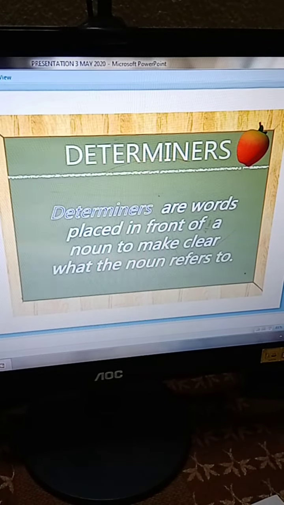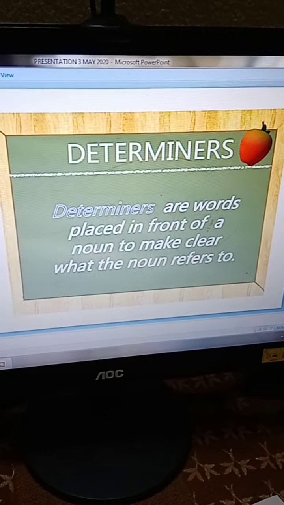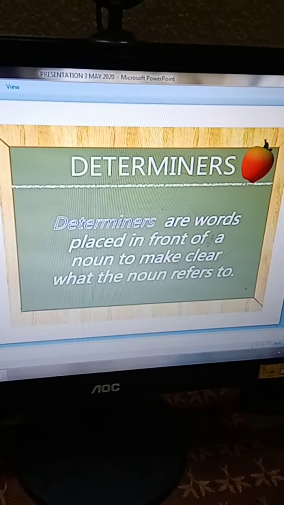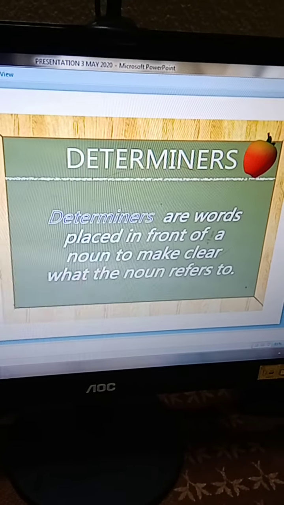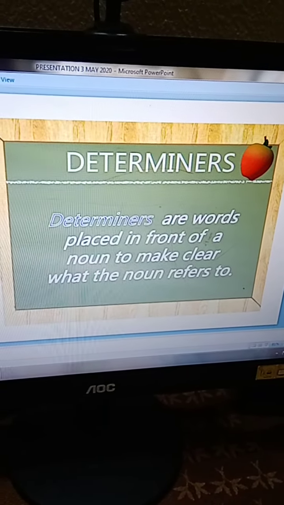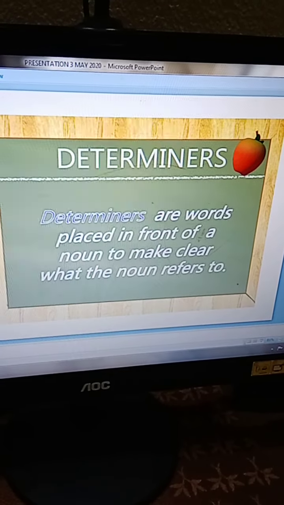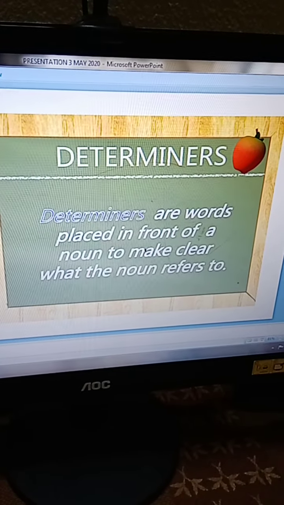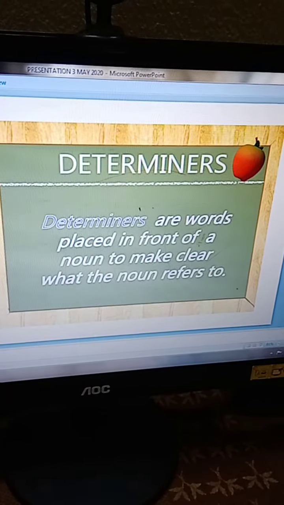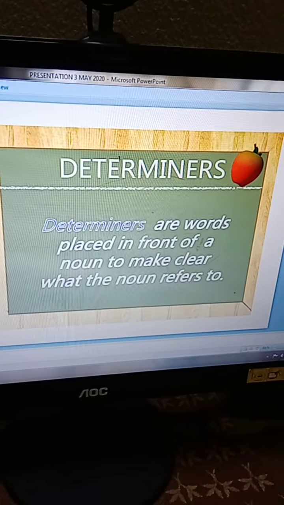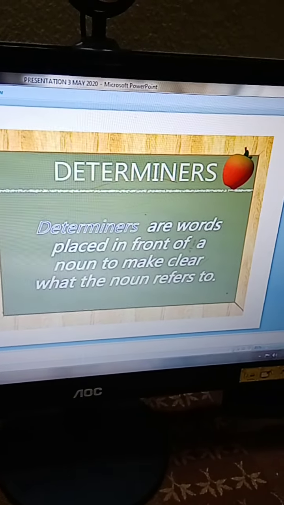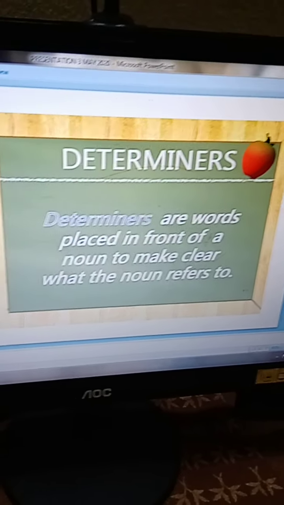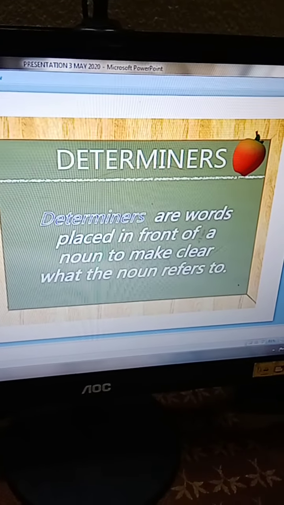Before starting this lesson, I would like to introduce the definition of this topic. Determiners are words placed in front of a noun to make clear what the noun refers to. So generally you can say determiners are all used before nouns.